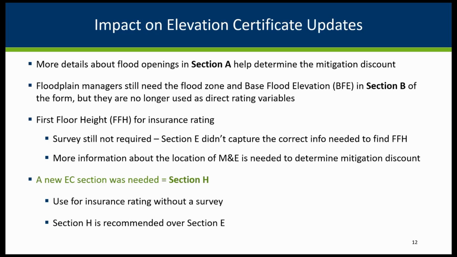For the first floor height, usually we're going to want that surveyed first floor height, or they'll use some behind-the-scenes rating engine to figure that out. It is possible to show that first floor height in another new section of the elevation certificate, section H, and have someone actually measure it, but it's still best if it's in the surveyed section, section C. We will talk about section H and how it can be used for insurance rating without a survey.